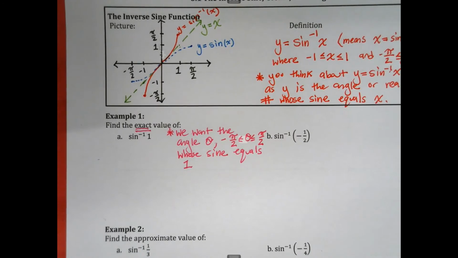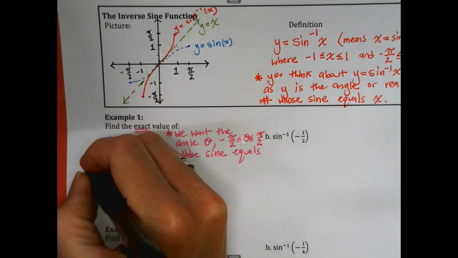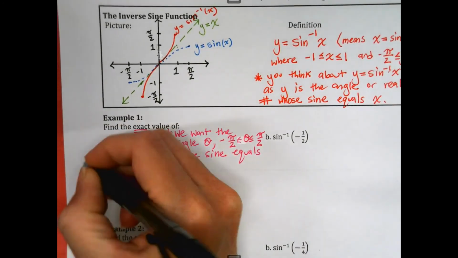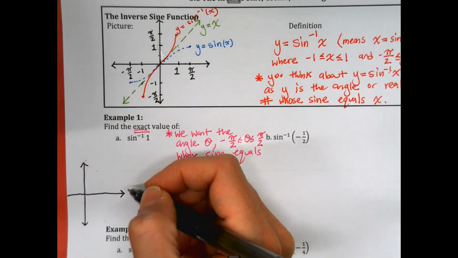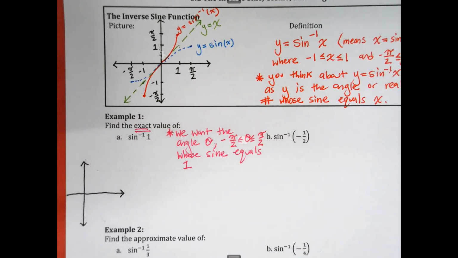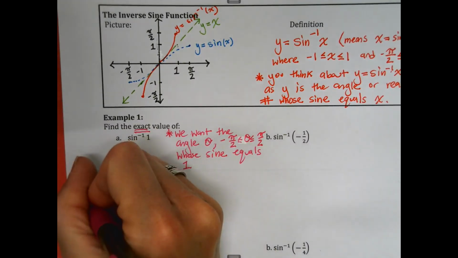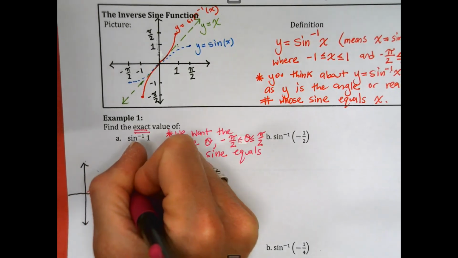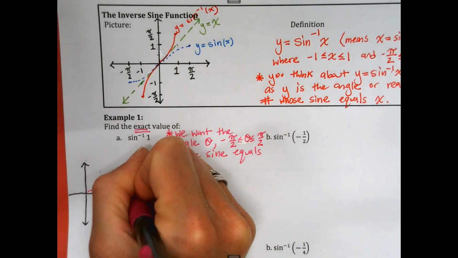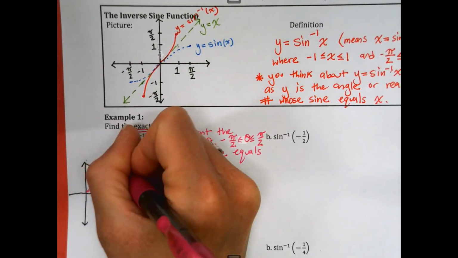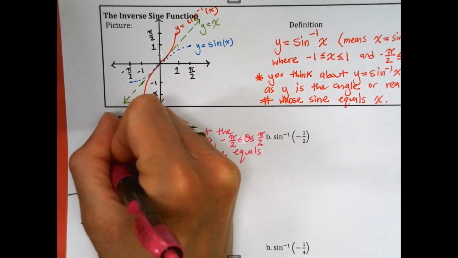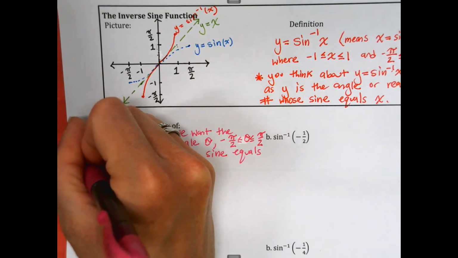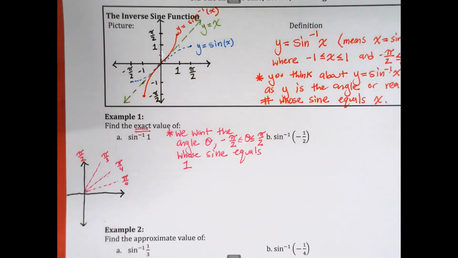So if we think back to our unit circle, we want to know when is sine going to be 1. And we have angles such as pi over 6 and pi over 4, pi over 3, or pi over 2 in the positive direction.